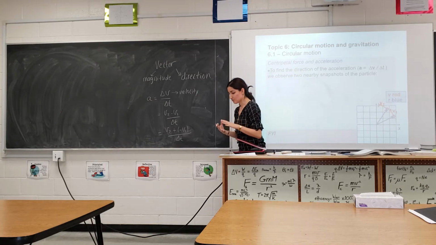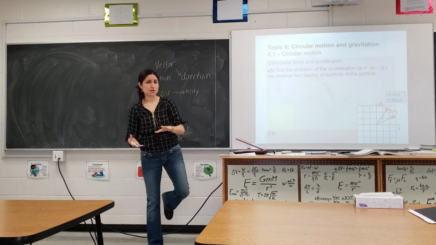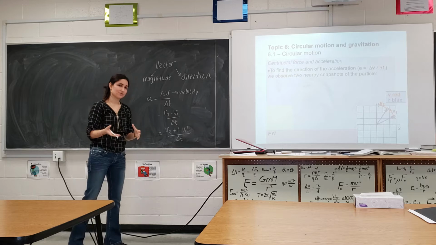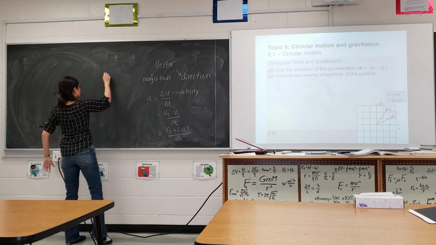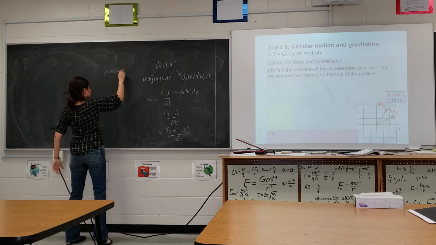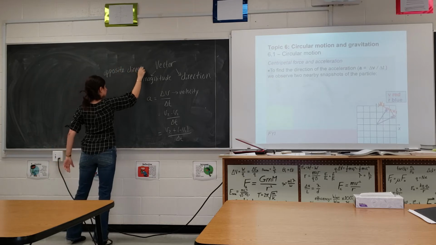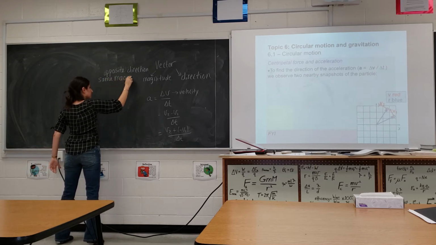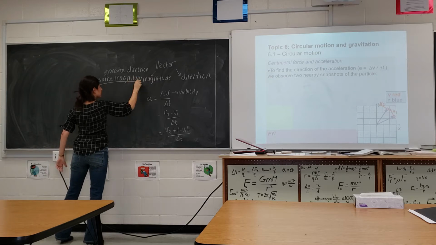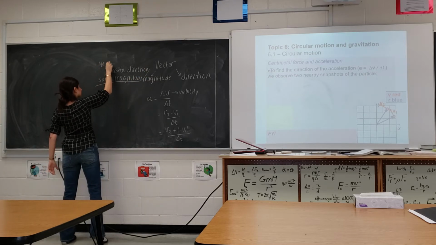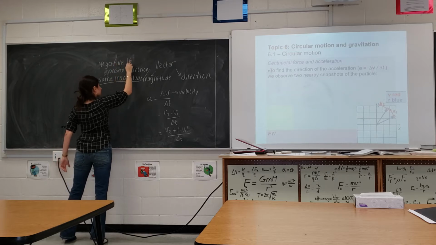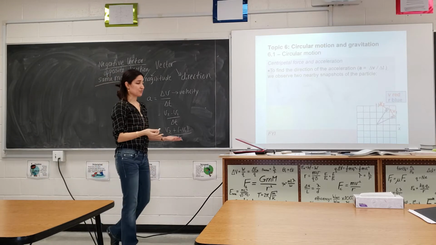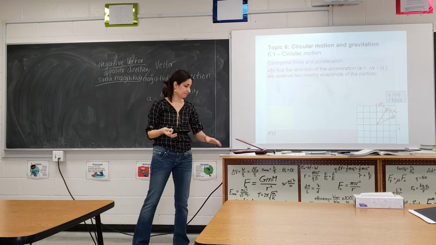And if you remember our discussion from grade 11, it's been a while, but a negative vector means same magnitude, opposite direction. So negative V1, opposite direction of V1, same magnitude, same length.